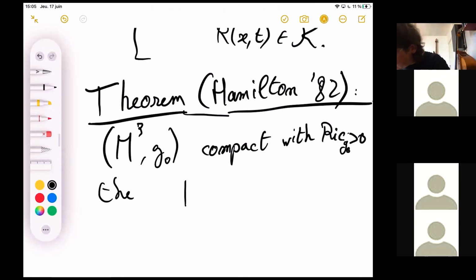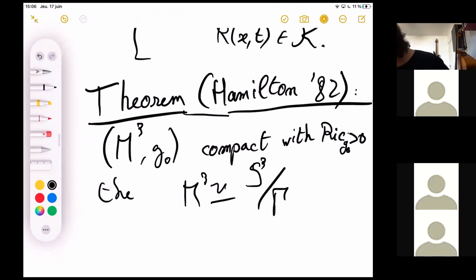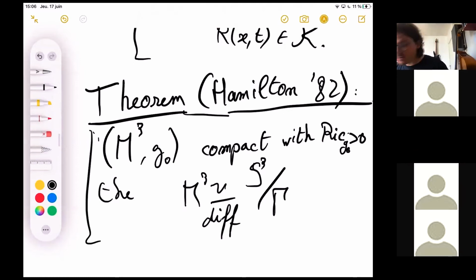Then M3 is diffeomorphic to a manifold with constant sectional curvature, which will be a quotient of S3 by a finite subgroup of O4.